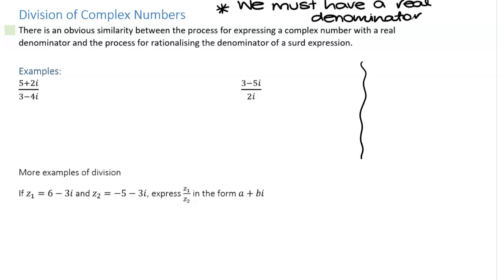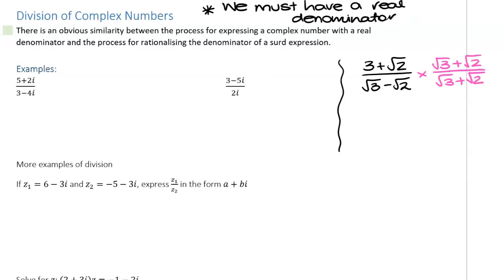Now remember when we did rationalizing denominators, if we had something like this, 3 plus root 2 on root 3 minus root 2, what we actually did to get rid of that is we multiplied by root 3 plus root 2 on the denominator and numerator of a fraction.